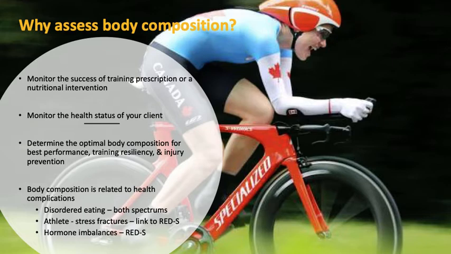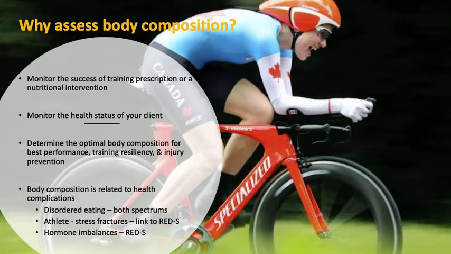Disordered eating can be defined as eating too much food or too little food for energy output, a disbalance between energy in and energy out. So it can be either eating too much for what you're doing or eating too little for what you're doing. That affects your body composition and health-related outcomes.